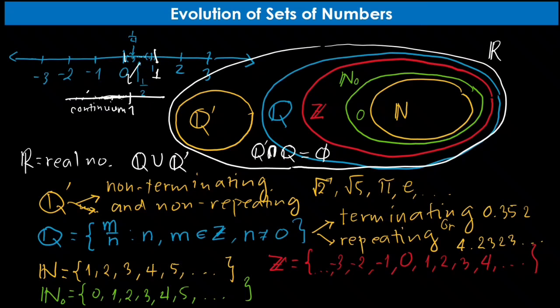So if you want to find the number next to 1, for example, you will say, okay, I will get 0.999. That's very close to 1, but still you can find 0.9999 and 1, for example, and the list continues. So you will say perhaps next to 1 is 0.999, and this will go on forever, but actually that is just equal to 1.